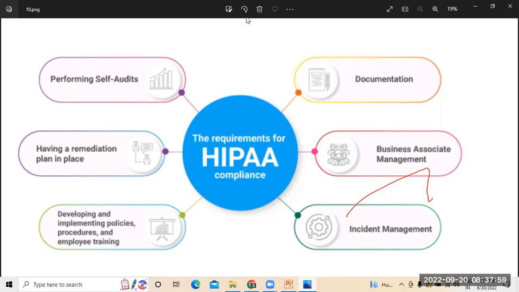At the same time, incident management. When there is an incident, a situation that comes across, how are you going to manage it? What resolution or approach are we following to manage these incidents? Everything comes under incident management. In IT, there are incident management tools like OpsGenie.